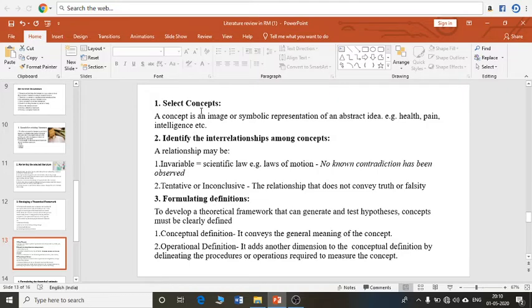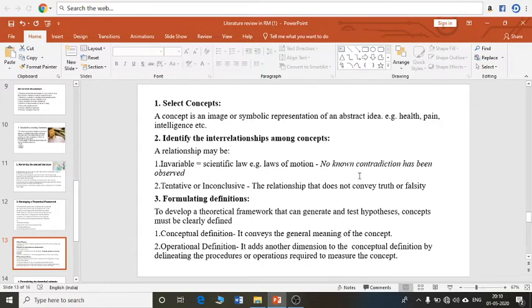After selecting the concept, identify the relationships among the concepts. A relationship may be invariable. Invariable means stable, that is constant, like a scientific law, a statement describing what always happens under certain conditions, like Newton's laws of motion, where no contradiction has been observed.